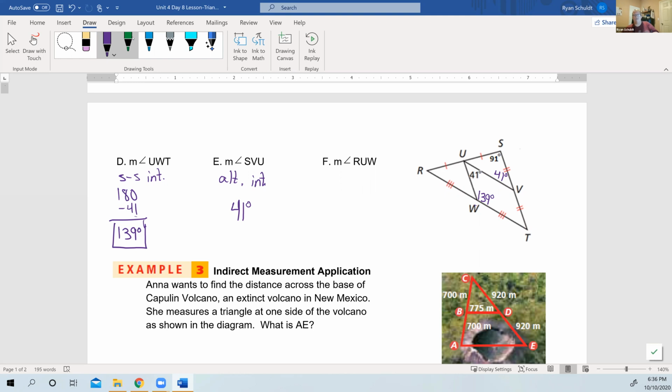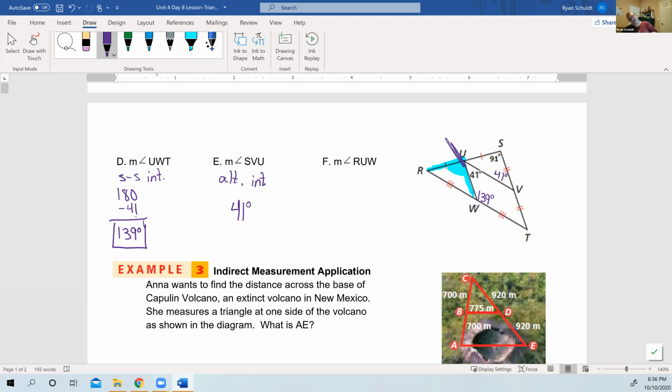And then last but not least, they ask about RUW. RUW. So I start at R, I turn at U and go to W. So they're asking me about this angle right there. Well, let's see what I can figure out.